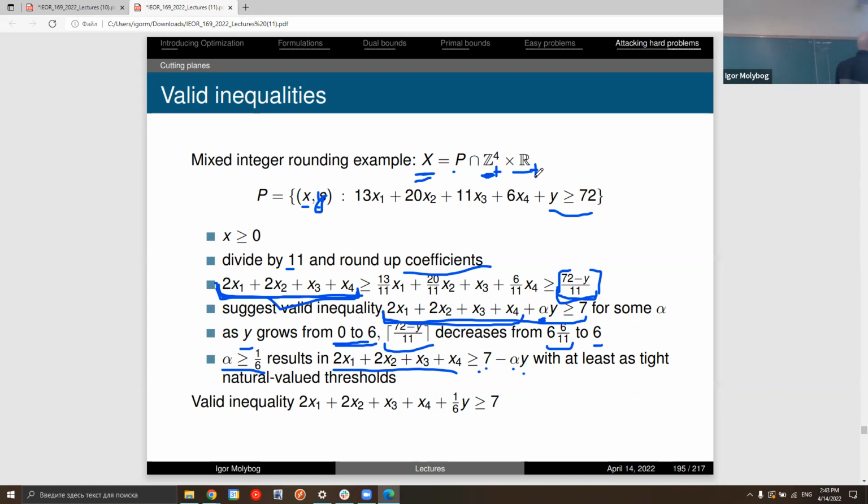So as we grow y, this thing here goes from 6 and 6/11 over to 6, it goes like this, and the upper bound stays at 7. So the ceiling of this number stays at 7 all the time.